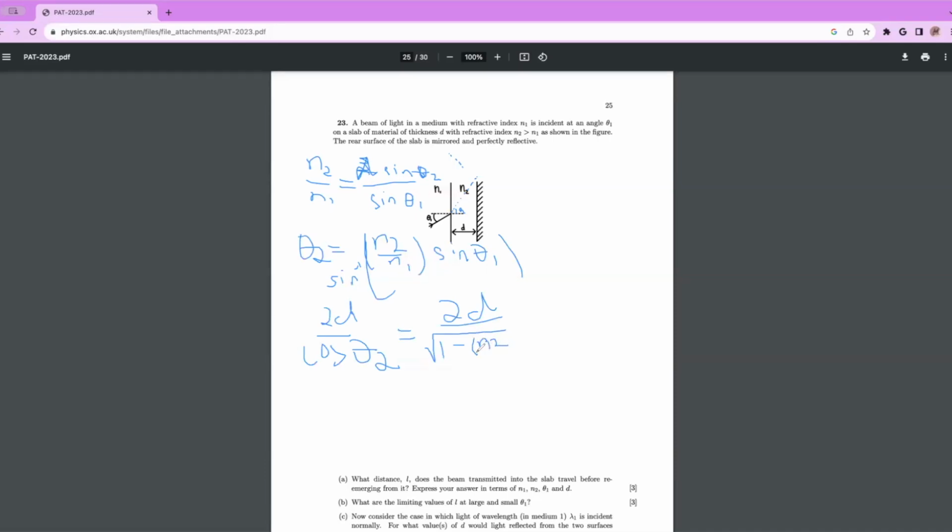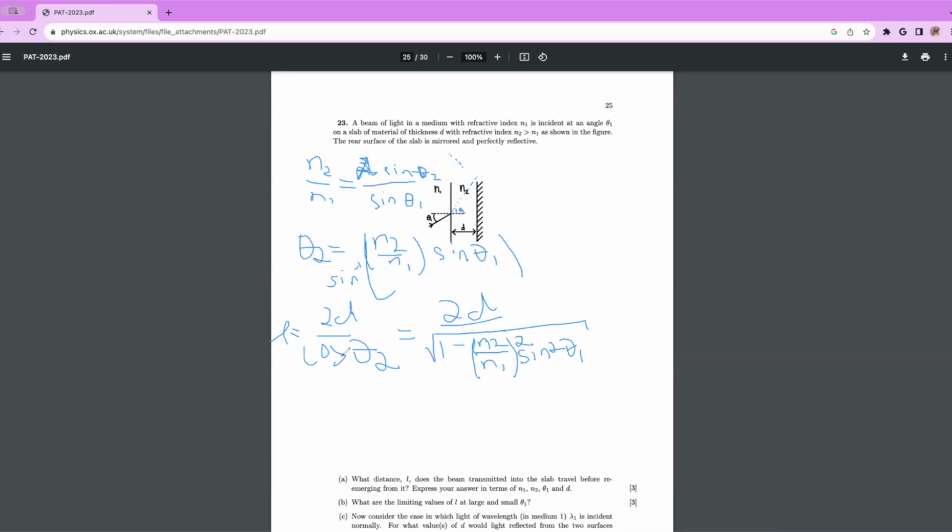I'm going to pray this works, because I don't actually know if it does. This is what I assume is L. Well, I hope it is, because I am not doing any more.